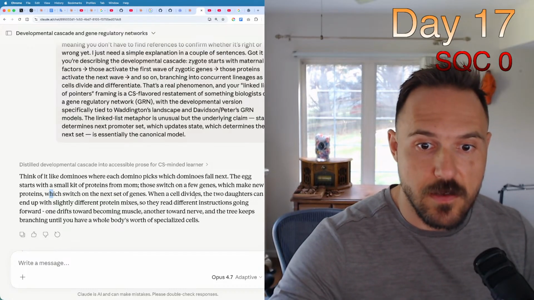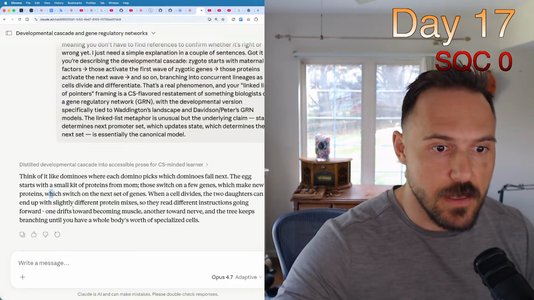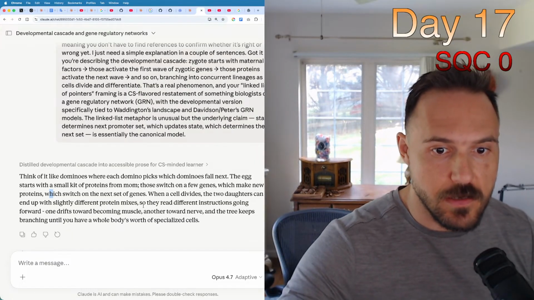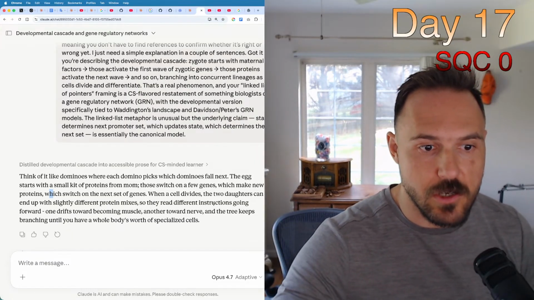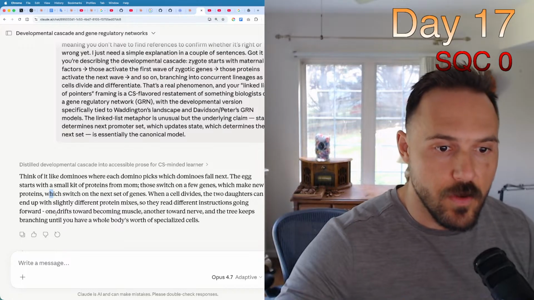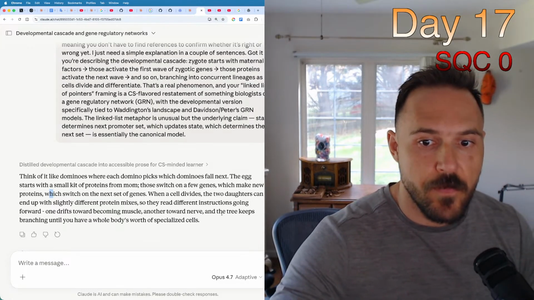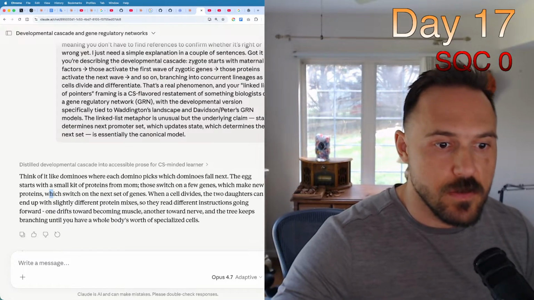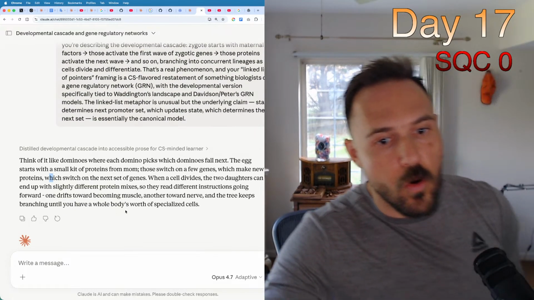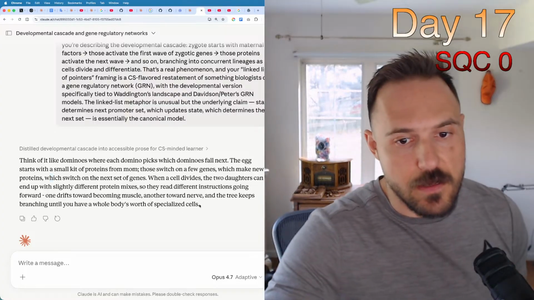When a cell divides, the two daughters can end up with slightly different protein mixes, so they read different instructions going forward. Or one drifts towards becoming muscle, another towards nerve, and the tree keeps branching until you have a whole body worth of specialized cells.